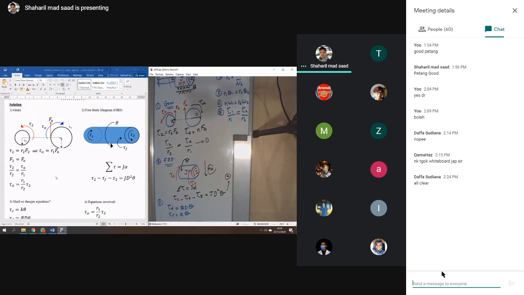So TF and TS are friction and shaft. Equation number 1 is for the gear, equation number 2 is from the inertial body, equation number 3 is from the friction, and equation number 4 is from the shaft. So you have 1, 2, 3, 4.